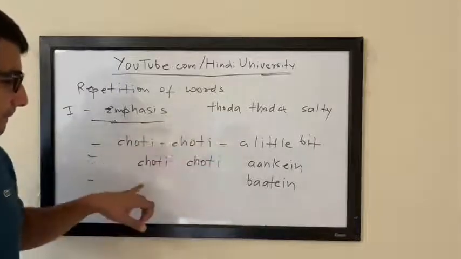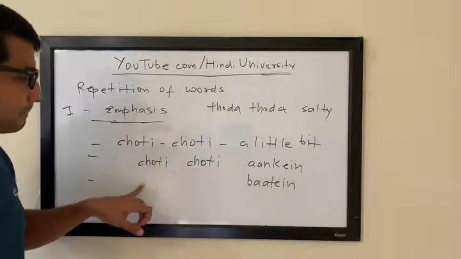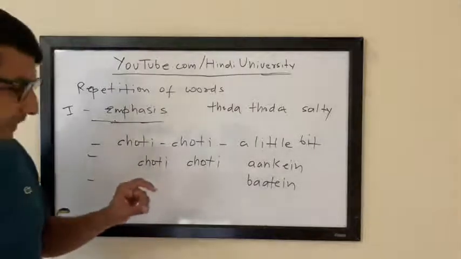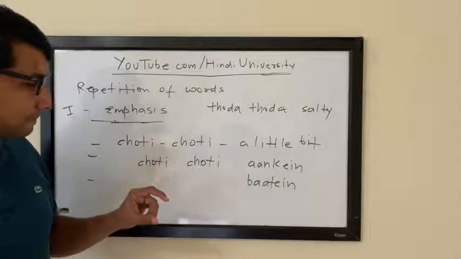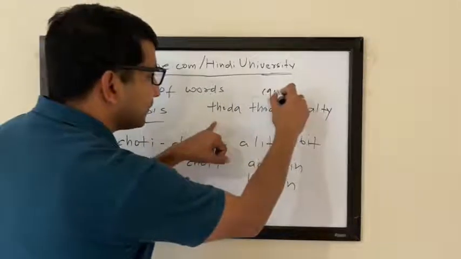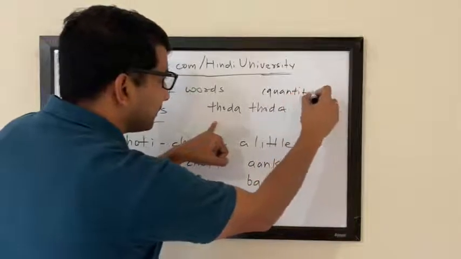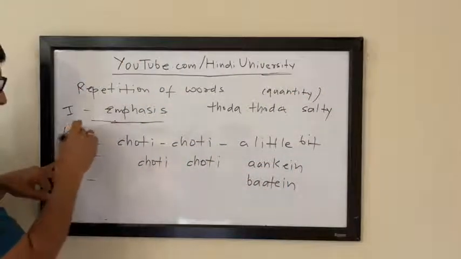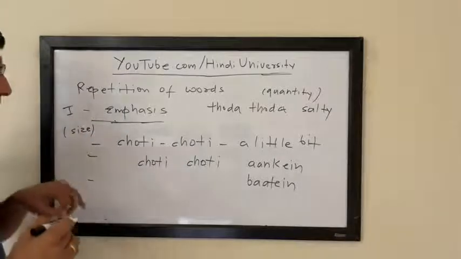Since you use thoda for salt and choti for our eyes, then the emphasis is different. Now it seems that thoda is a little bit of something, thoda is quantity. That's what I'm looking for. Thank you so much. Quantity is thoda, and in this case choti is size.